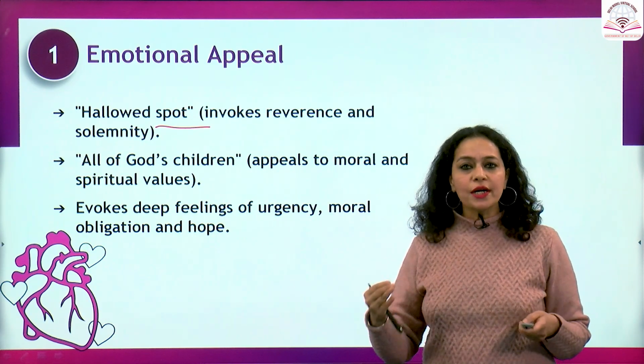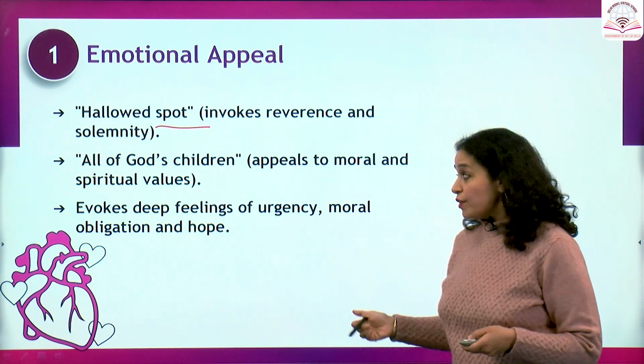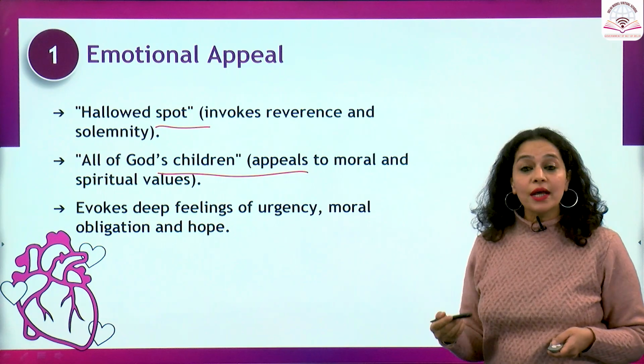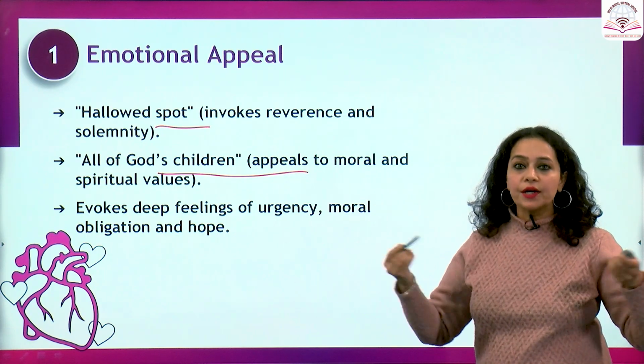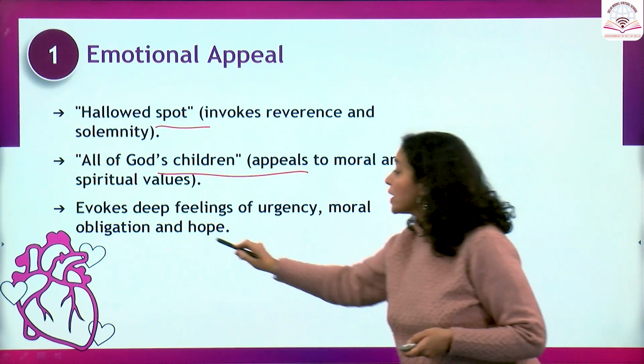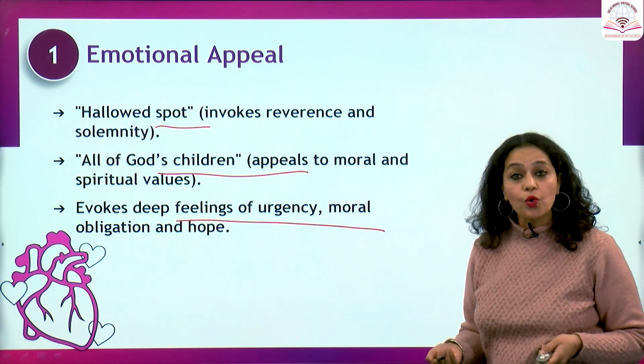So he is actually arousing the emotions of the general public. Then, when he talks about all of God's children, he is appealing to the moral and spiritual values of the entire audience. So using such phrases actually evokes deep feelings of urgency, moral obligation and hope.